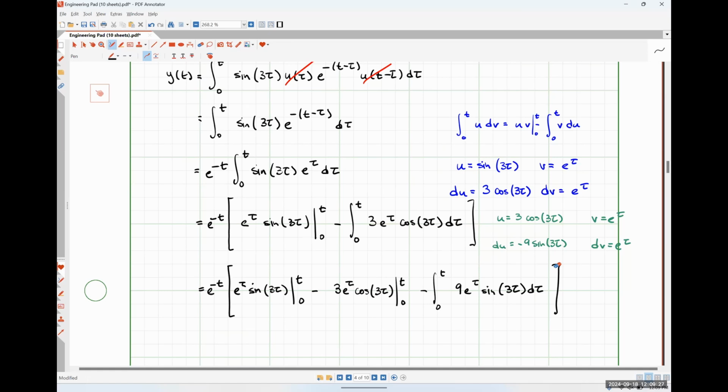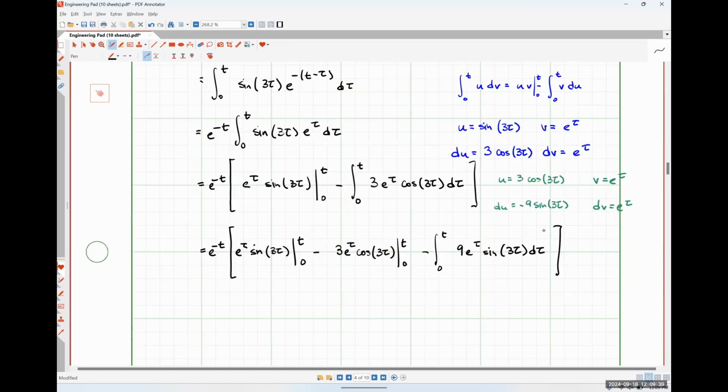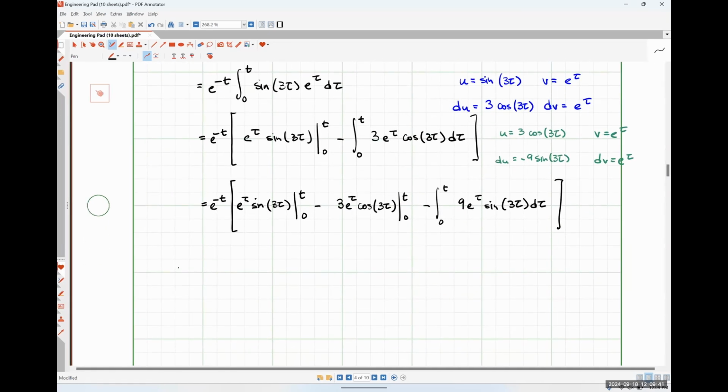Well, I've got 9 of those right here. So I can just move these 9 over, giving me ten times the integral from 0 to t of e to the tau sine 3 tau.